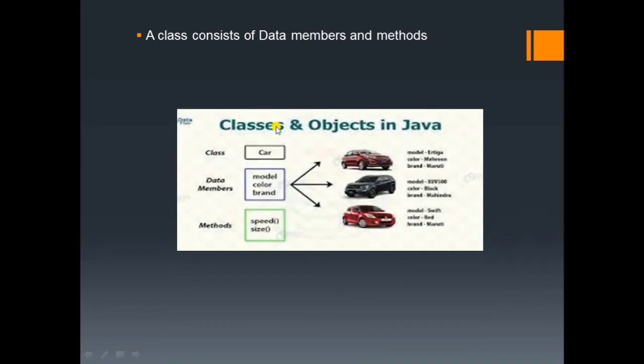For example, here the class is car, and this car contains data members like model of the car, color, brand, and it also has methods like speed, size. So a class contains data members and methods.